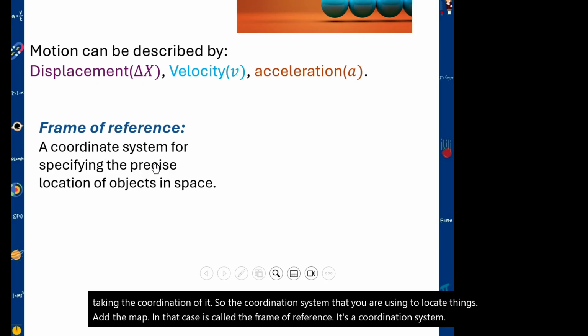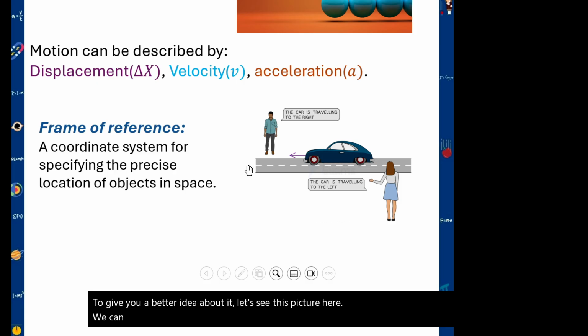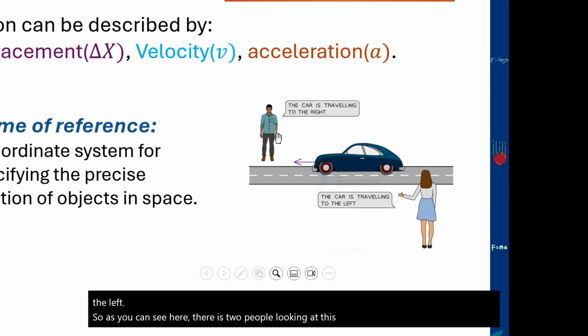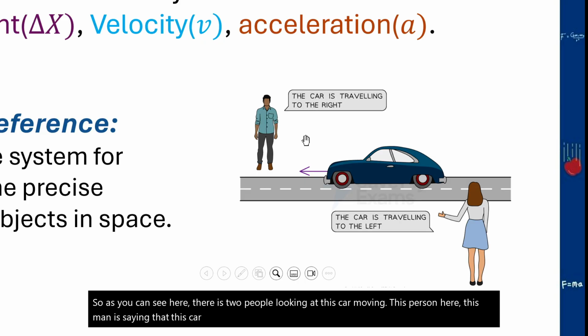To give you a better idea about it, let's see this picture here. We can see that this car is moving to the left, from our perspective. As you can see here, there are two people looking at this car moving. This man is saying that this car is traveling to the right. For him, it's correct because he's standing here, this is his right hand, and the car is moving in that direction.